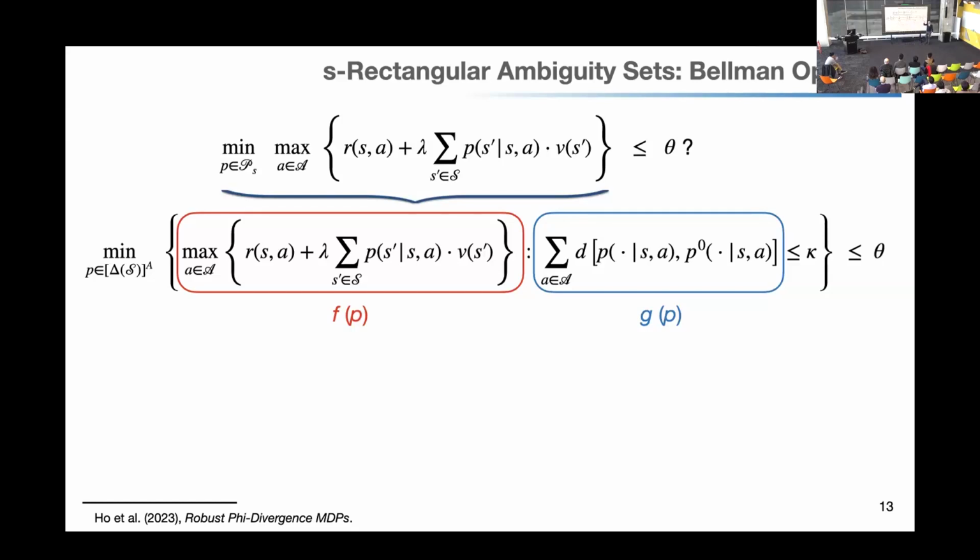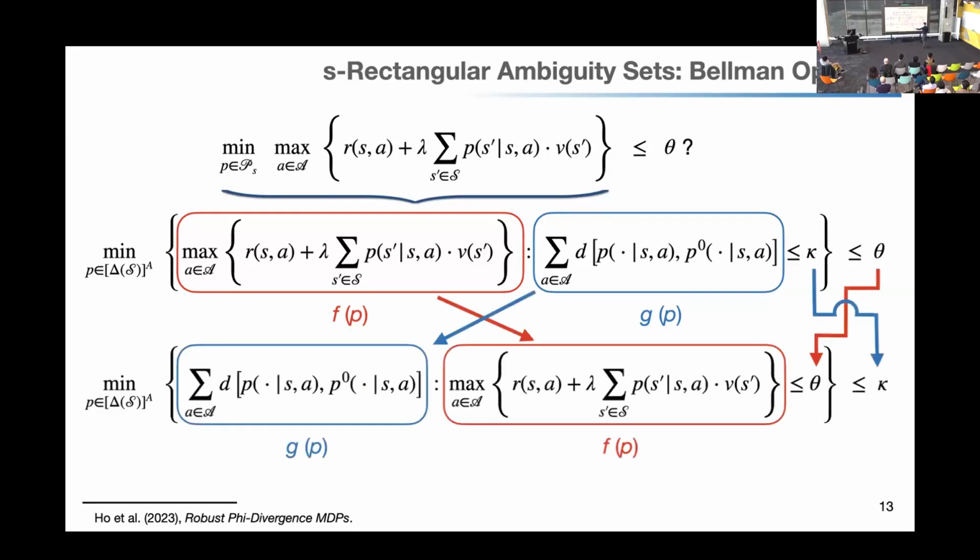But we can turn the argument around. I can equally ask myself, is there a p for which g of p is less than or equal to kappa, while f of p is less than or equal to theta?